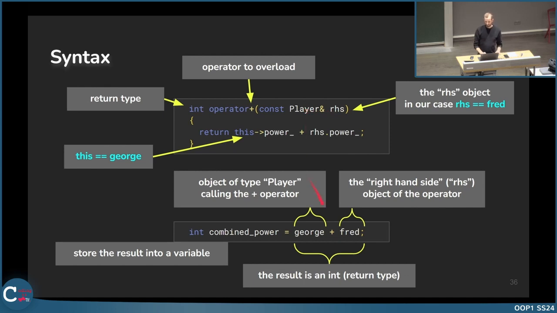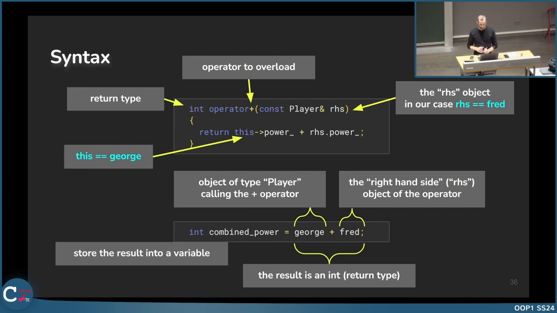So when we have George plus Fred plus another player, maybe this one is calculated first, the result is an integer, and this integer result is then added to a player, which generally is not working, but we could override it again, so that integer and player has some specific behavior, and then it would work.